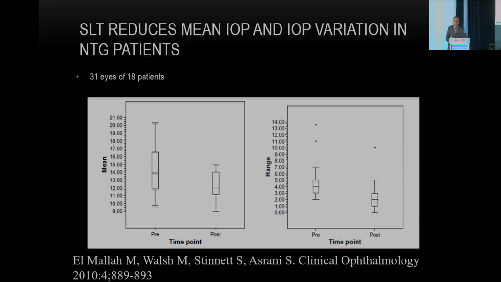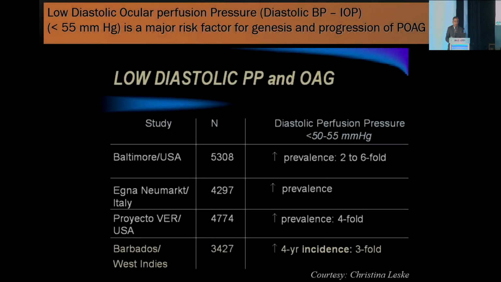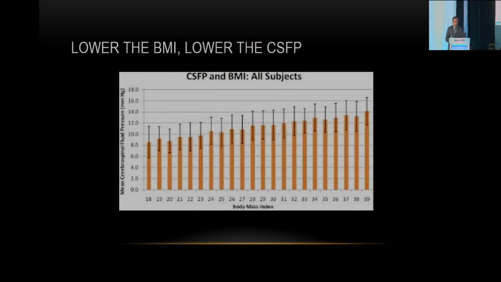That means the fluctuations went down. And then there is low diastolic perfusion pressure. If you have less than 55, that is diastolic blood pressure minus intraocular pressure, it is a major risk factor for all these studies. Look at the number of patients that causes progression of glaucoma.